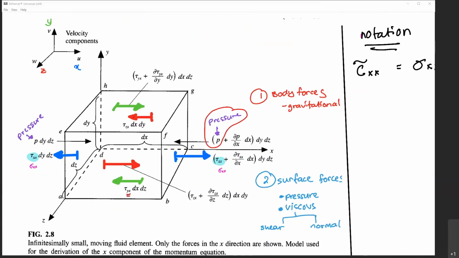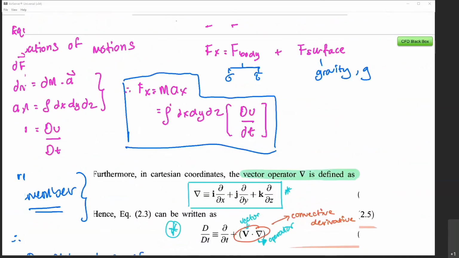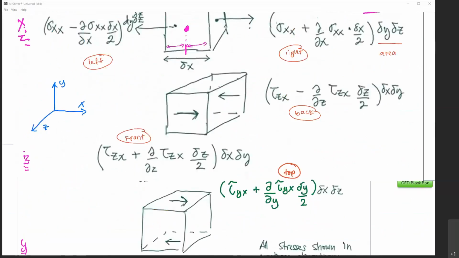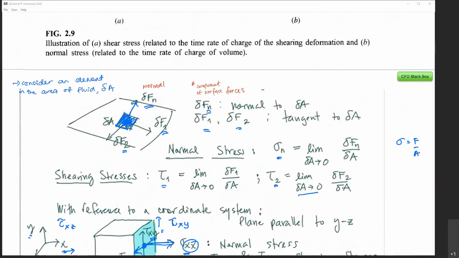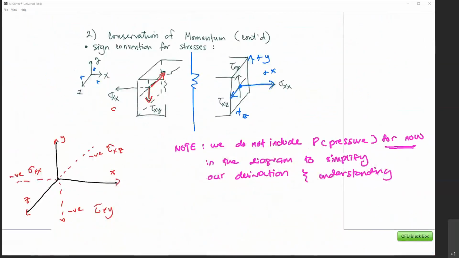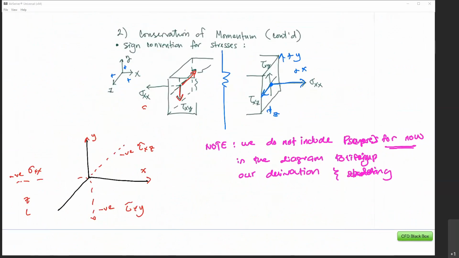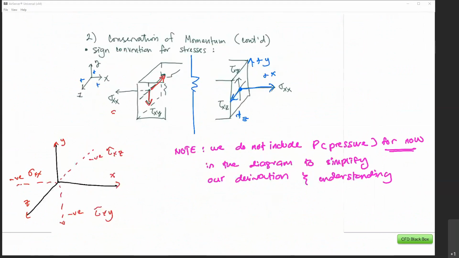But for our case, we are going to look at the derivation of the body forces only, and the pressure term will be included once we add up all the terms together, just for the sake of simplifying our derivation. So the P term should be there, but we are going to keep it out for now.